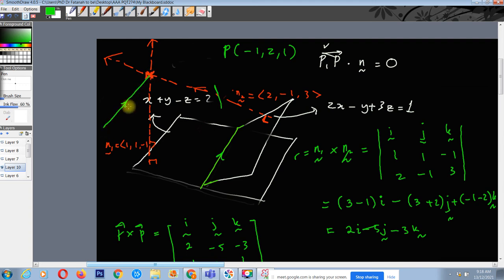We can find the intersection line by cross product, but we need to get a normal for this plane. How to get this?